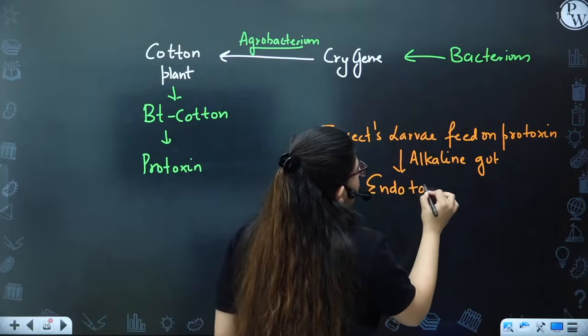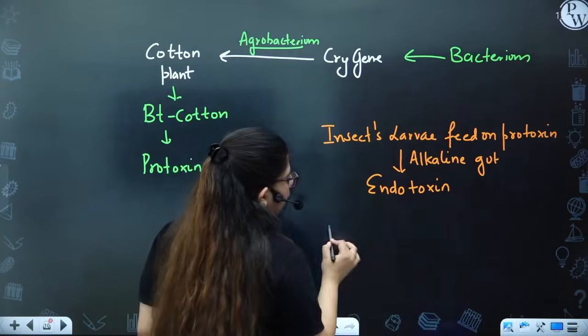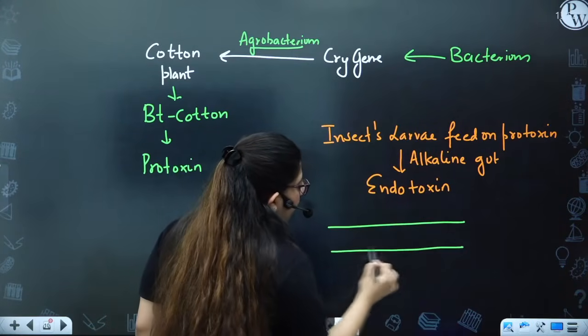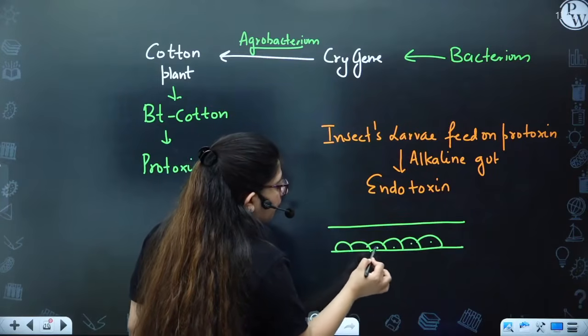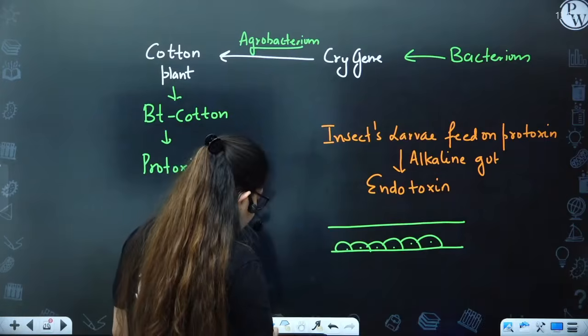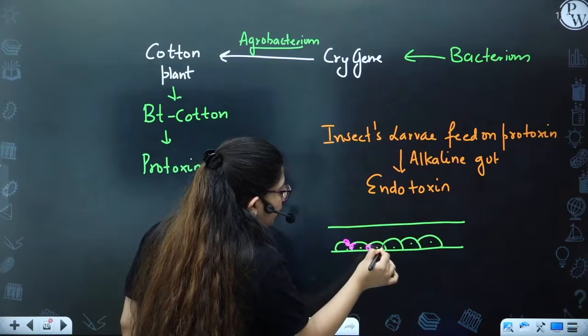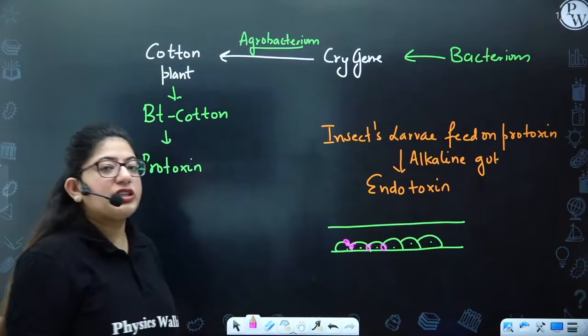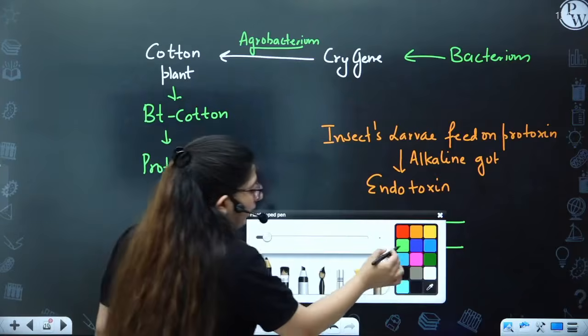Now what will this toxin do? In the midgut, for example, if this is a midgut, and these are the cells of the midgut, these toxins will create pores here, like this. And due to the creation of these pores, the water will enter. Okay.